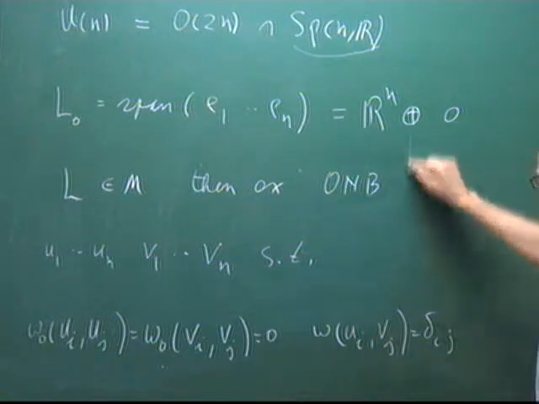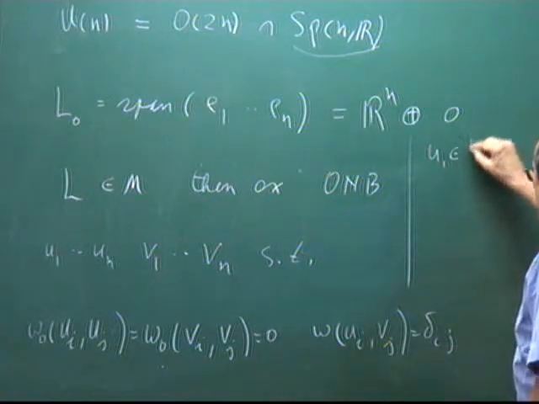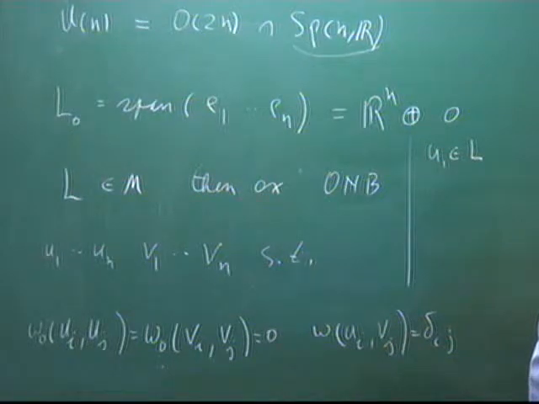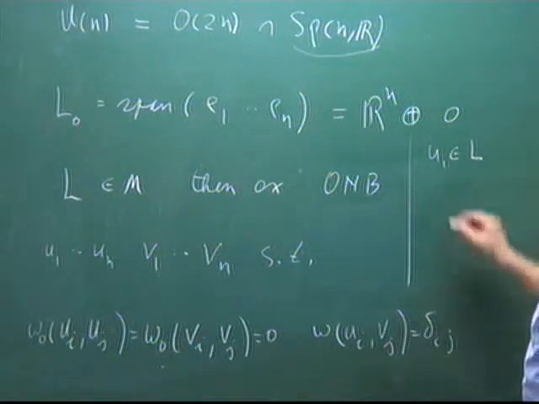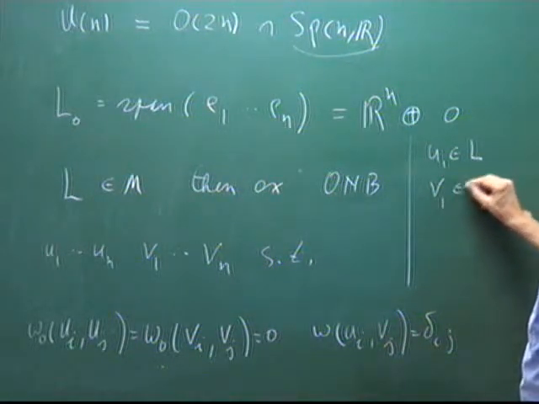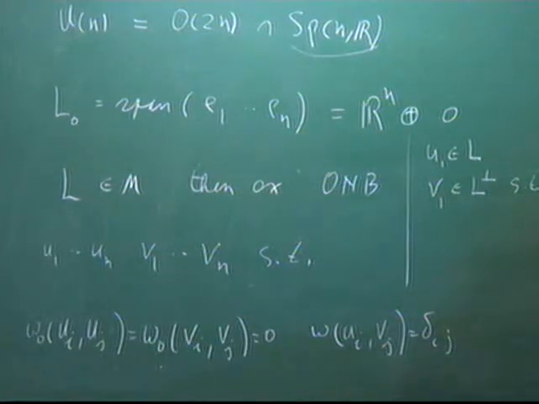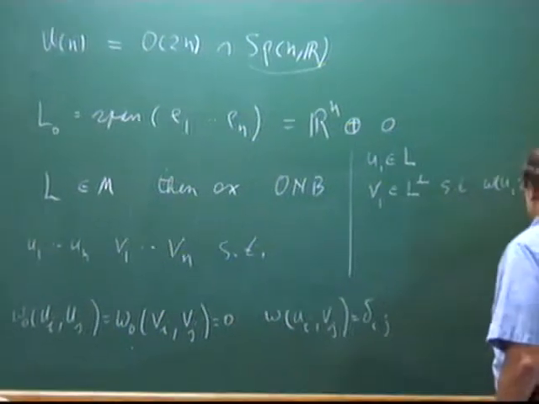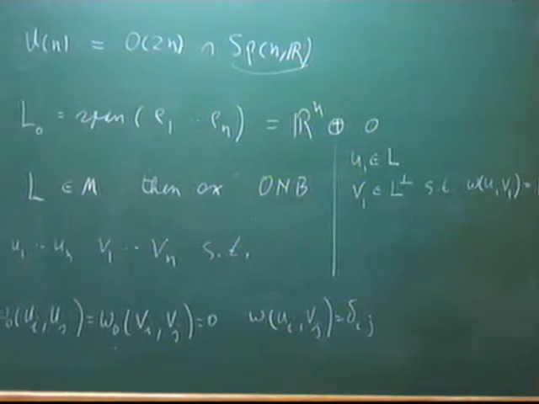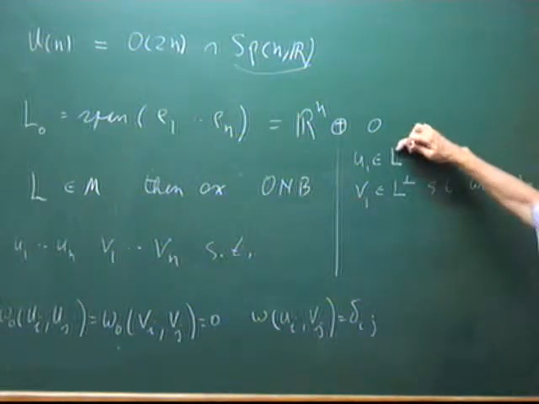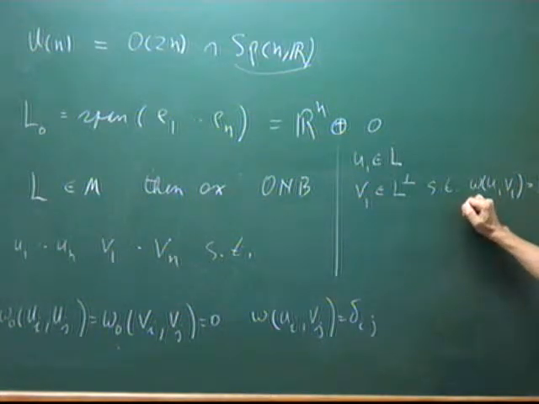So I start with u1 in L, certainly. Then I want to choose the v1. Then I choose the v1 in L perp, such that omega(u1, v1) is equal to 1. It's non-degenerate. It vanishes on everything in L. There must be something in the rest with which this omega is non-zero.